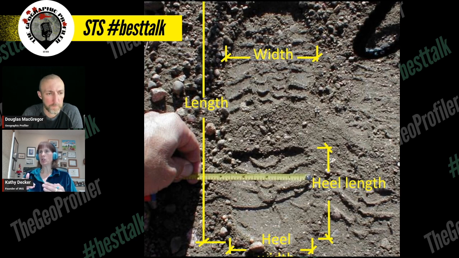And that's often going to be somewhere maybe along 3.5 inches, something like that. It's going to vary. And in this particular print, you can see the instep, which makes it really easy.